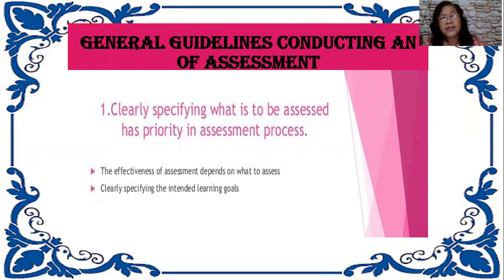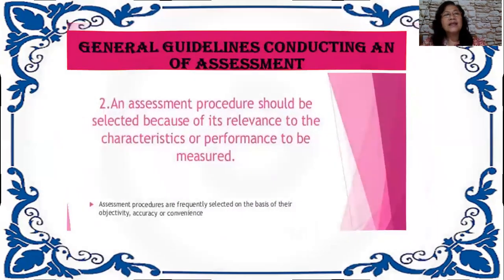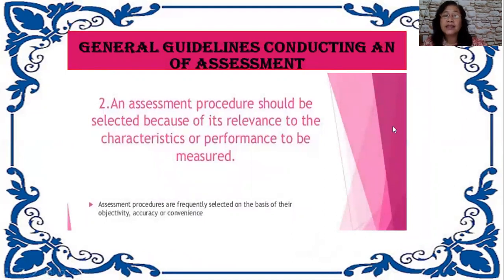So the effectiveness of assessment depends on what to assess. Whatever are the things to be assessed, clearly specifying the intended learning goals. The second is an assessment procedure should be selected because of its relevance to the characteristics or performance to be measured.